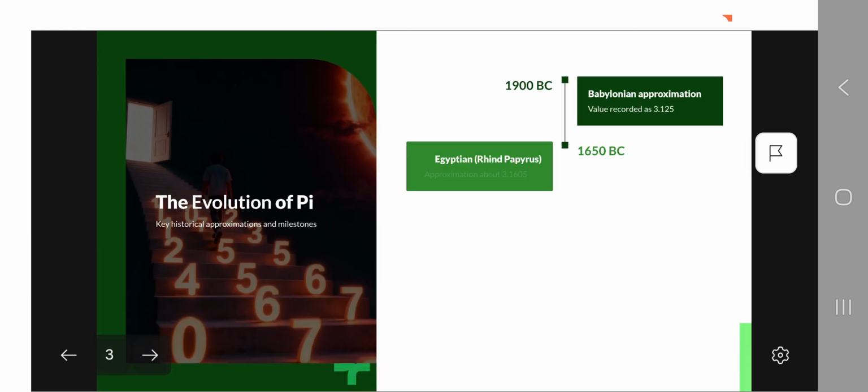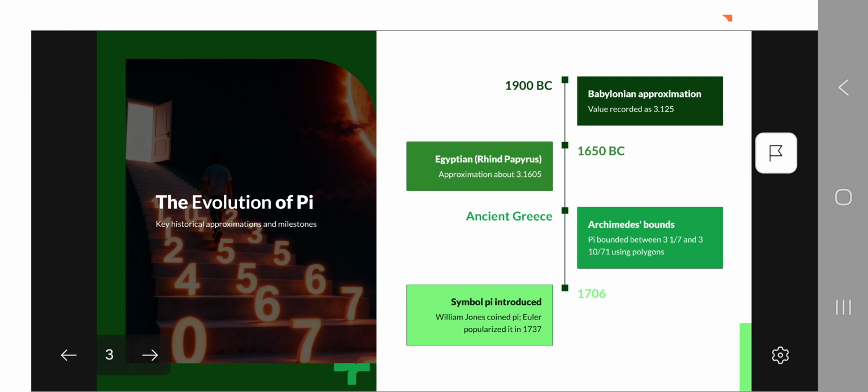Okay, so here's the evolution of pi. Key historical approximations and milestones. Back in 1900 BC, there's a Babylonian approximation.